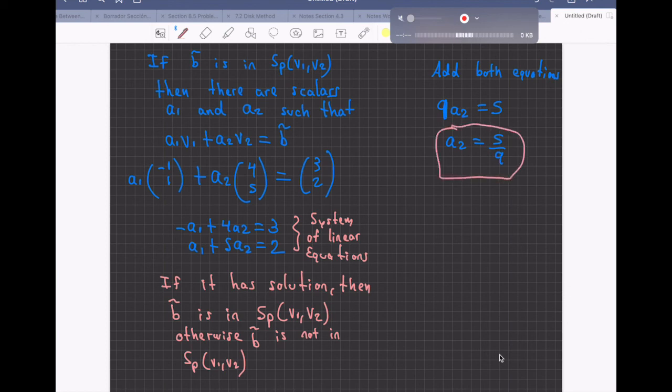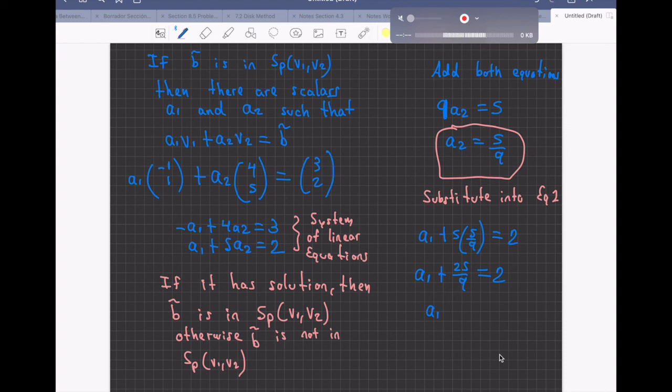Then back substitute this result into either of the two equations. I'm going to do it in the second one. Substitute into equation 2, and we have A1 plus 5 times 5 over 9 is equal to 2, and this implies A1 plus 25 over 9 is equal to 2.